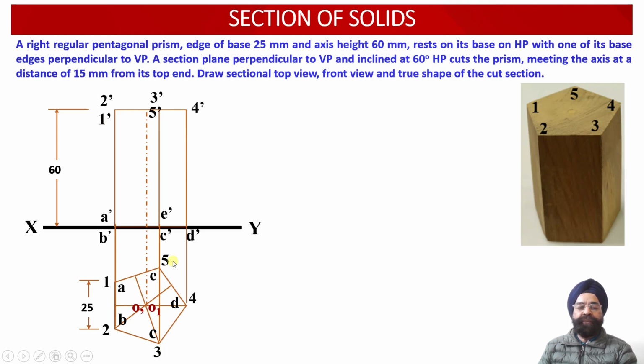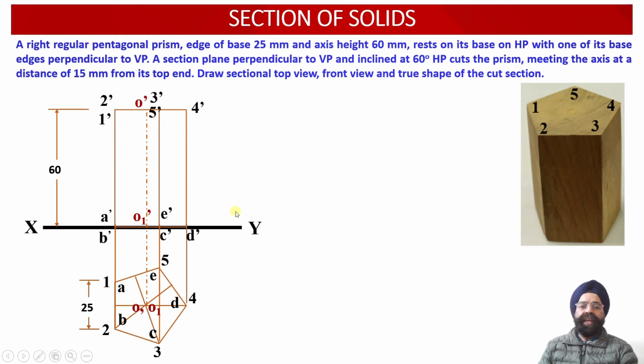Then points 3 and 5 have been projected as 3 dash and 5 dash on the top face, and point 4 has been projected as point 4 dash onto the top face of the pentagonal prism. Now axis point O dash on the top face and axis point O1 dash on the base of this pentagonal prism we have also been able to locate over here.